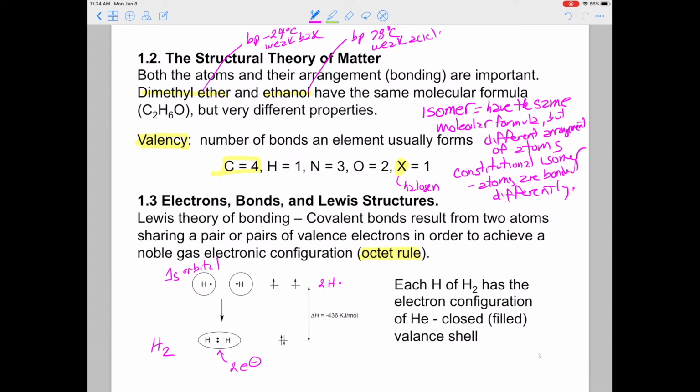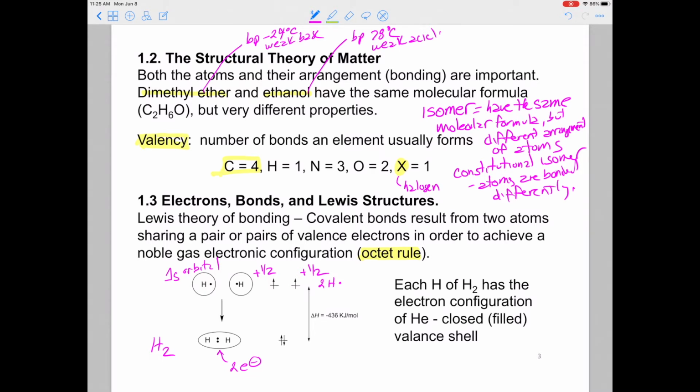Just very briefly, all subatomic particles can be described by 4 quantum numbers. The 4th is known as the spin quantum number, and for electrons, this can either be plus or minus 1/2. So in this particular case, both electrons are aligned, so this would be plus 1/2.